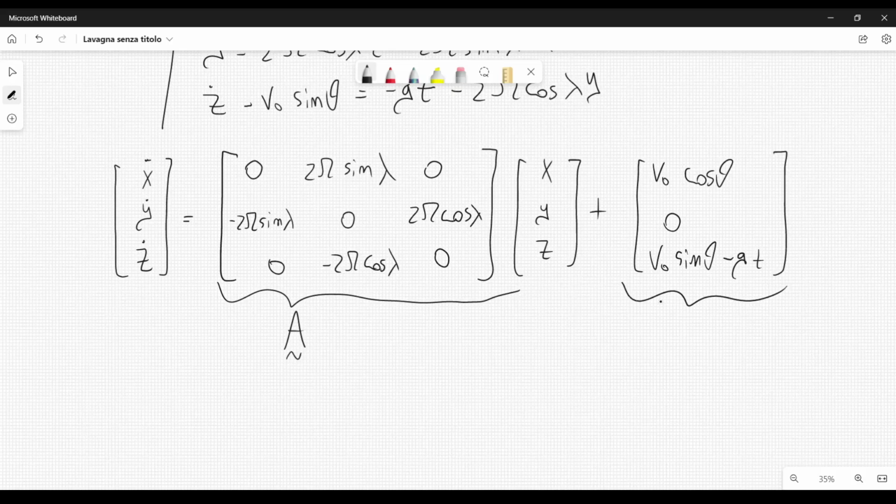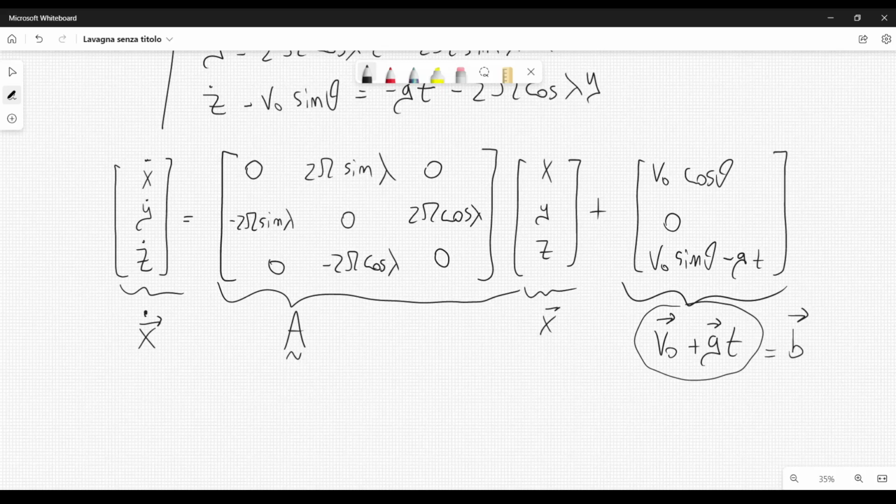We have a vector here, which is simply v0 plus the vector g times t, but for now we can simply call this b. And then here we have the vector x dot, and this one here is the vector x. So we have rewritten this system in this form.